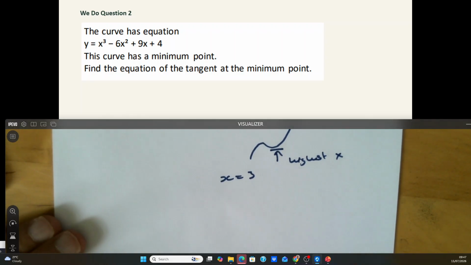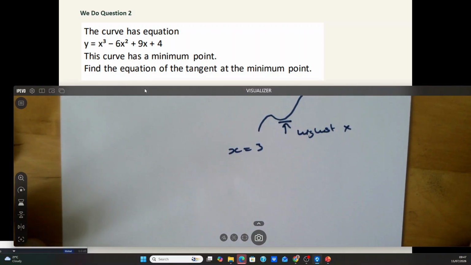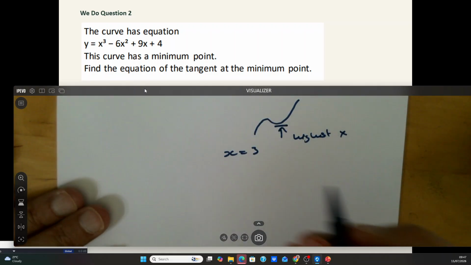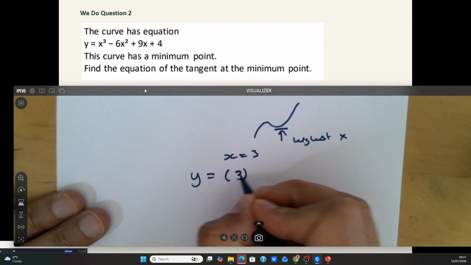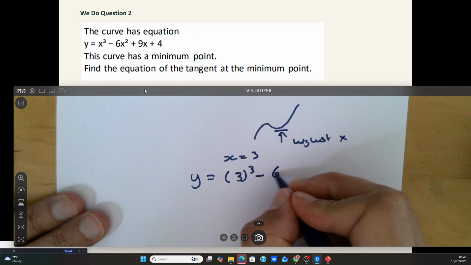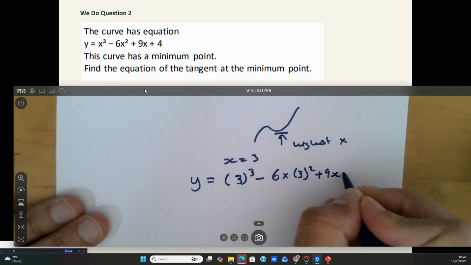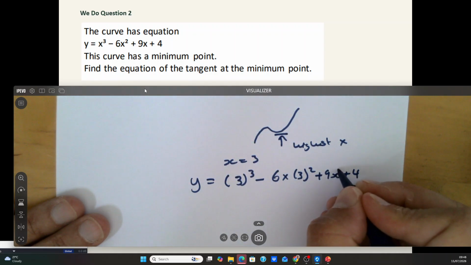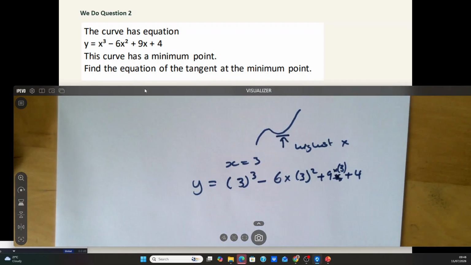So we need to find the y. Best way of finding the y, of course, is to do what? Yes, substitute it back in. So let's write that down. Write that down and make our calculator look like that.